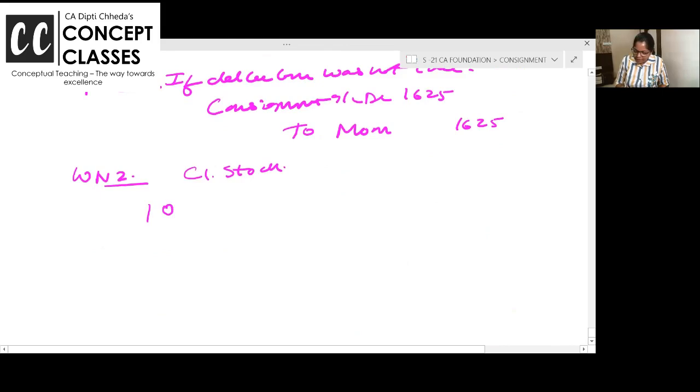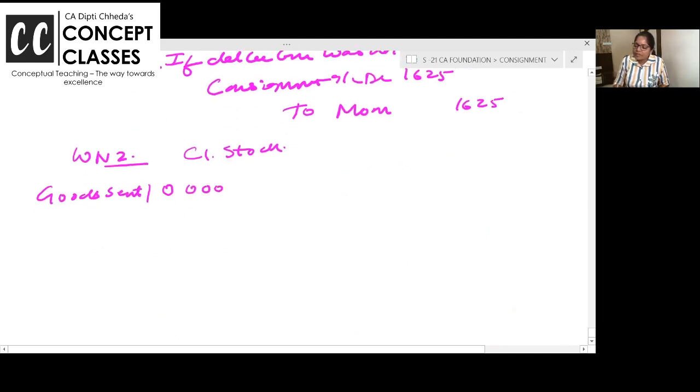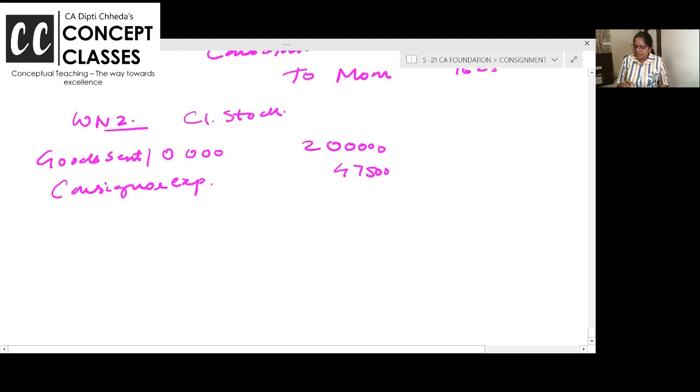How many units are sent? Goods sent 10,000 units at 20, 2 lakh. Consigner's expense. Consigner के तो पूरे expenses लेंगे. 47,500 पूरे expenses लेंगे. Consignee's expense.